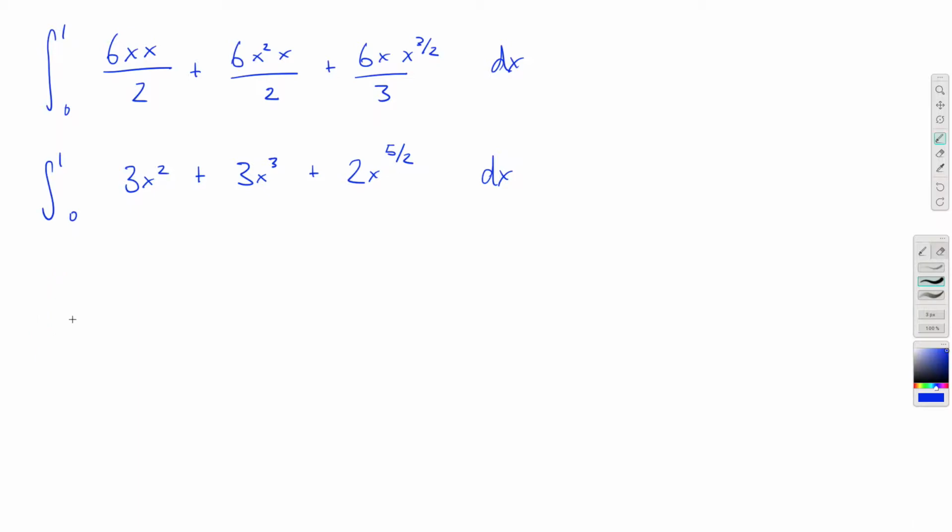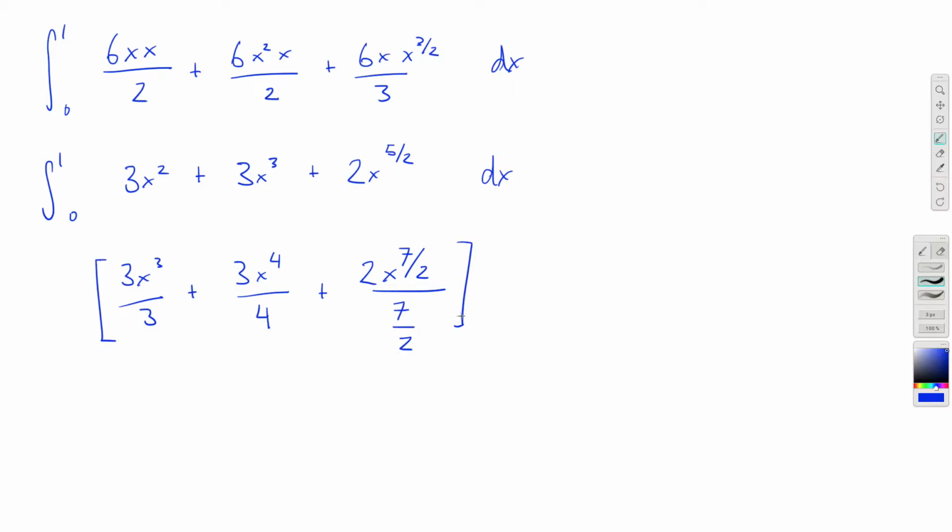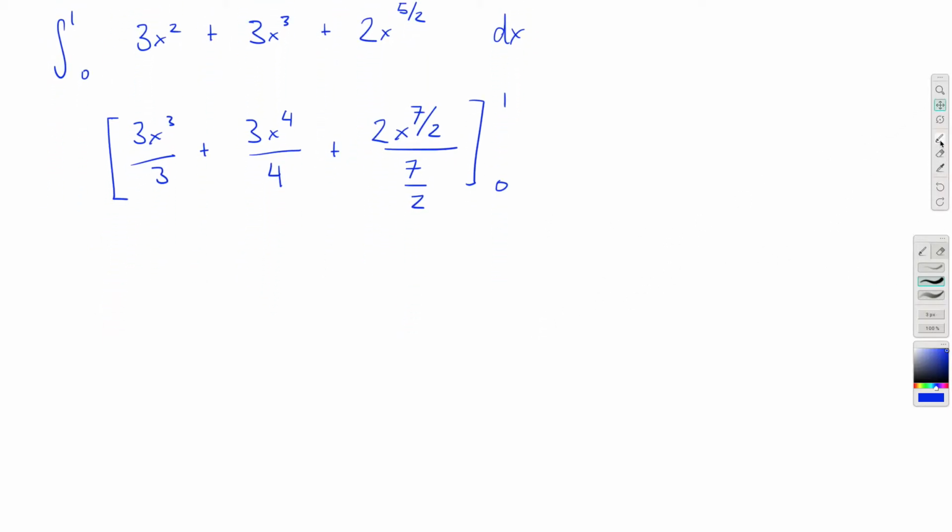Actually, you can now integrate this with respect to x, so you're going to get 3x cubed over 3 plus 3x to the 4 over 4 plus 2x to the 7 on 2 over 7 on 2, and this is between 1 and 0. Oh, I think I might have screwed it up. This better work. Let's change color.